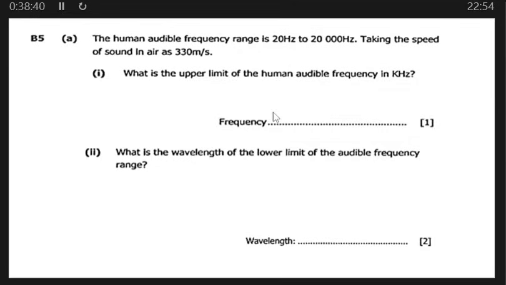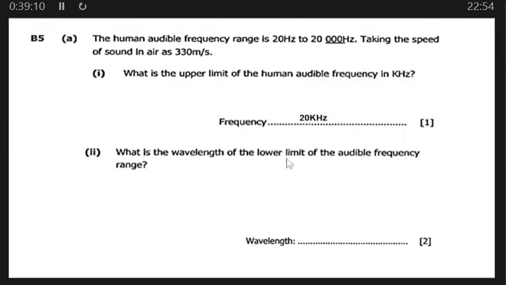What is the upper limit of the human audible frequency in kilohertz? So the upper limit, the highest frequency, is this one. Now they want you to give it in kilohertz. So kilo stands for 1,000. So you remove these zeros, which stand for 1,000, and you represent these zeros by k. So you remain with 20 k hertz.